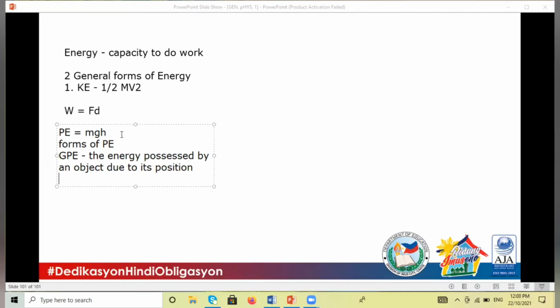Okay? So let us have an example of this. Halimbawa, itong box ay, tapos ito yung ground. Ito yung ground.